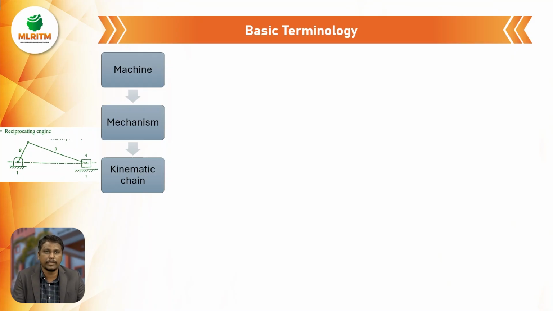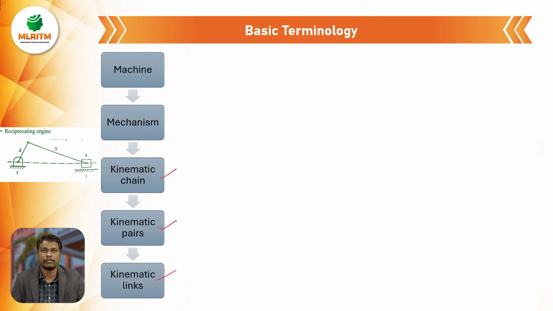Any one mechanism consists of a kinematic chain, kinematic pairs, and kinematic links. These three are very important. If these are there, then we can make the mechanism. One or two mechanisms joined together can make the machine.